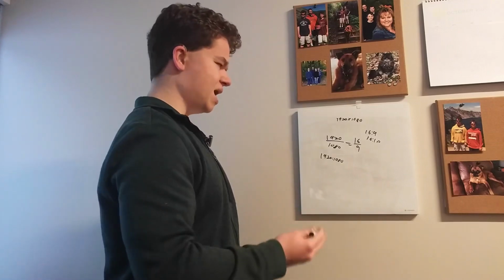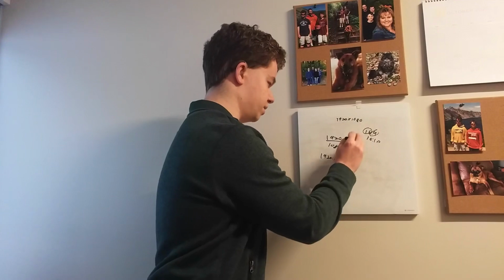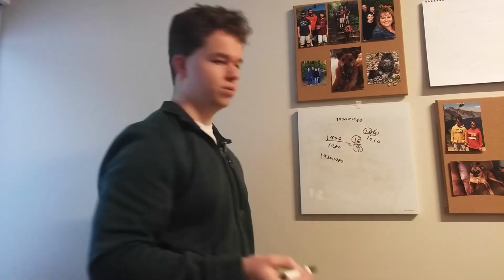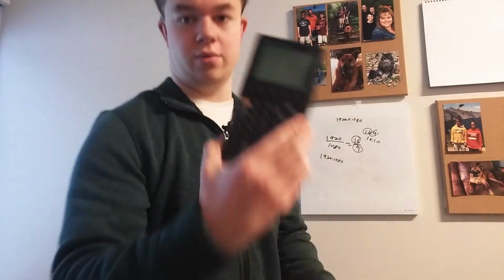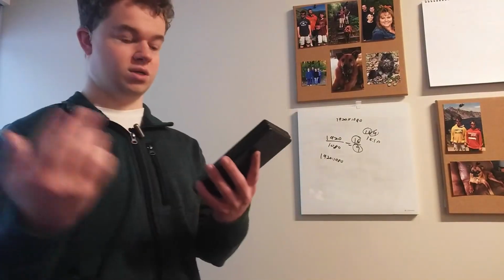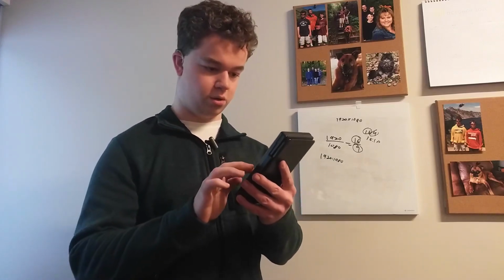Does that make sense? So how do we actually calculate these numbers? Like, how do we actually get this 16 and 9 in the first place? Well, on my calculator, I have a TI-85, which is my favorite calculator of all time.